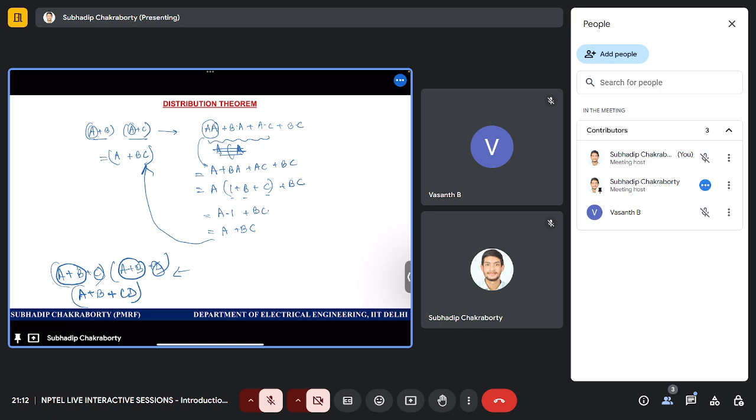And it works both in product of sum and sum of product terms.